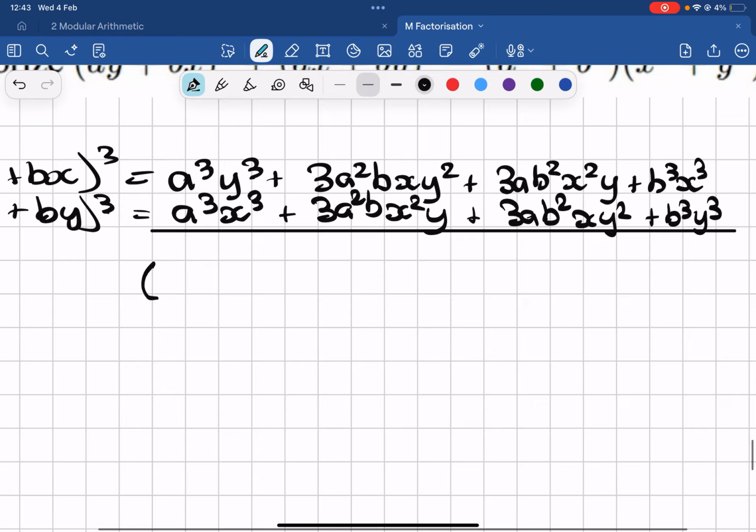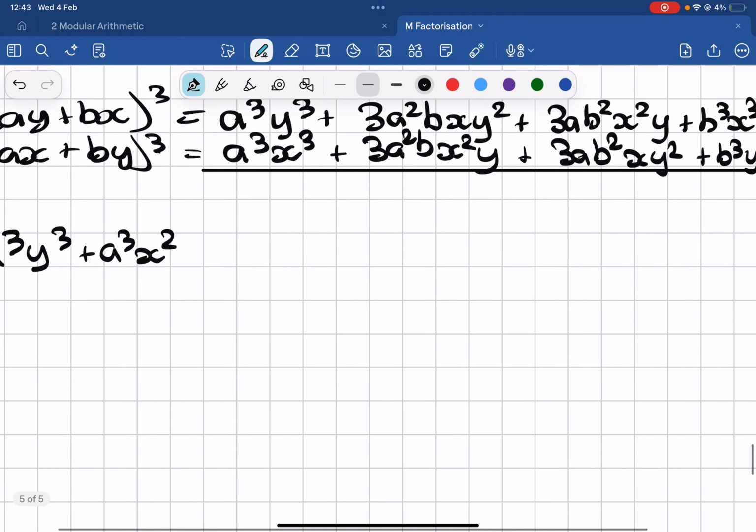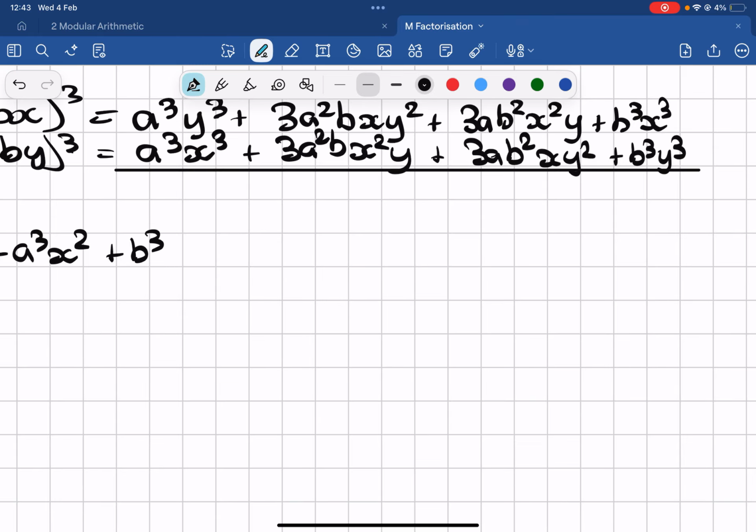We've got four terms, no signs of quadratics, so let's just evaluate this down on the side. A cubed y cubed plus a cubed x cubed plus b cubed x cubed plus b cubed y cubed.